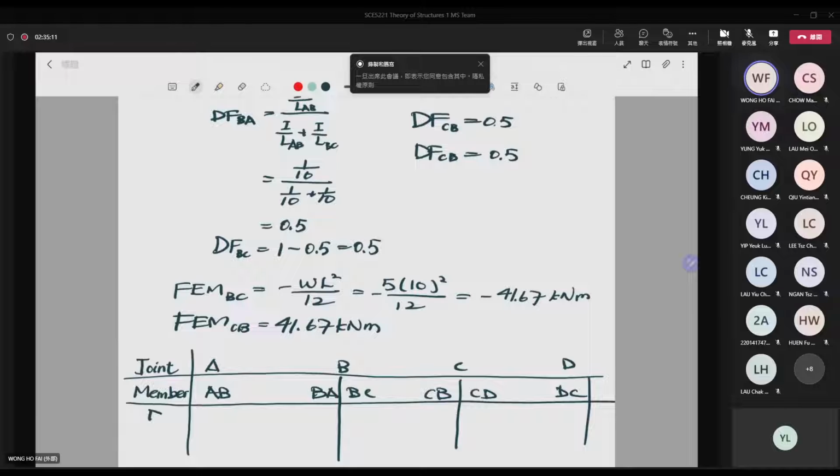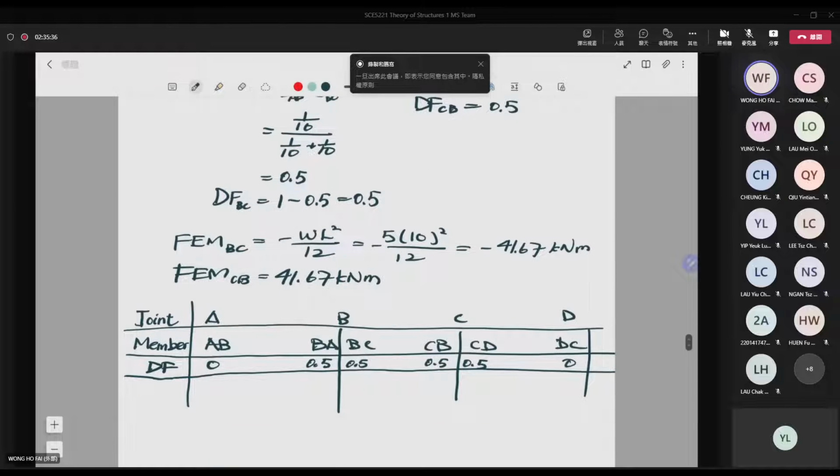And then for the distribution factor, we have 0 here because when it is connected to the wall, actually it is equal to 0. And then we have 0.5 on both sides. And then we have the 0 on this side again because it's connected to the wall. And afterward, we have the so-called fixed end moment.